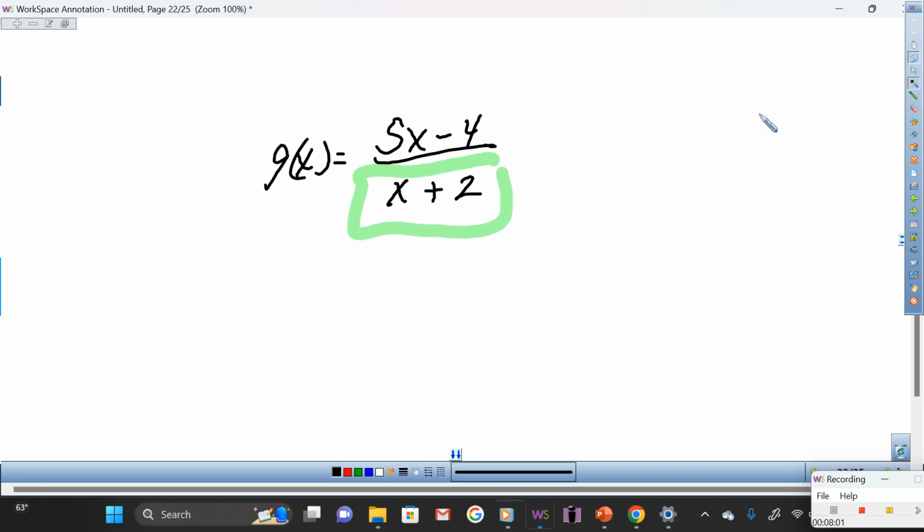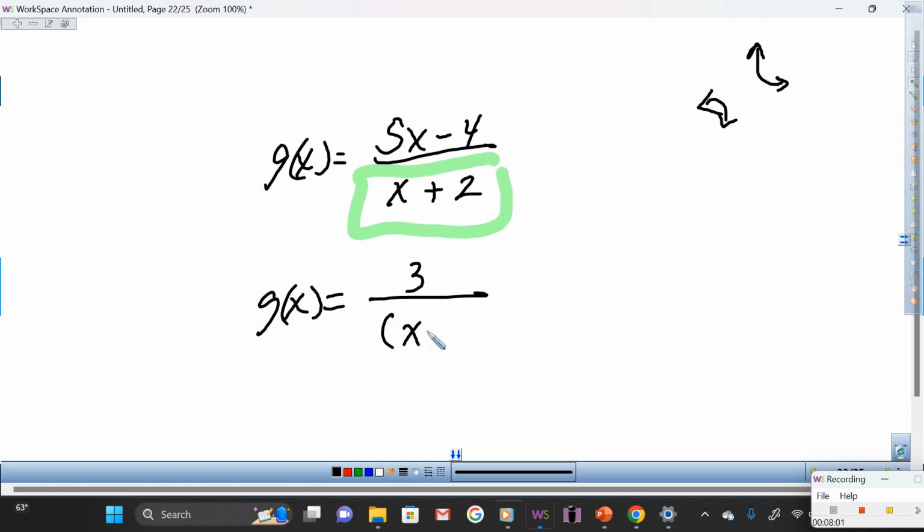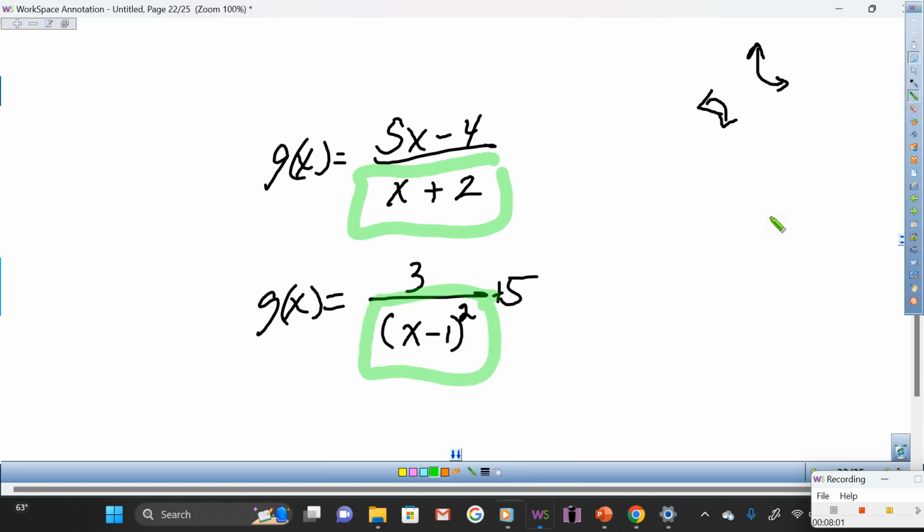No. If it doesn't, then we're going to use the graph that looks like this. However, if you have an equation like 3/(x - 1)^2 + 5, we look at the denominator. Is there a square anywhere? Yes. So that means we're going to use the parent function that starts like that.